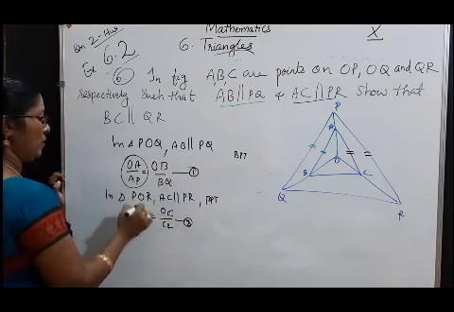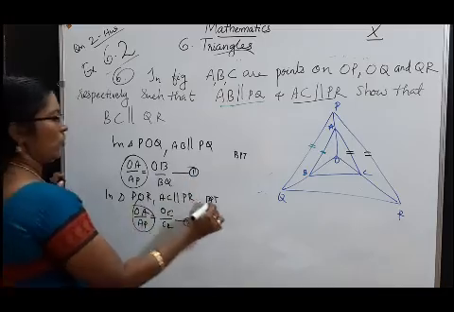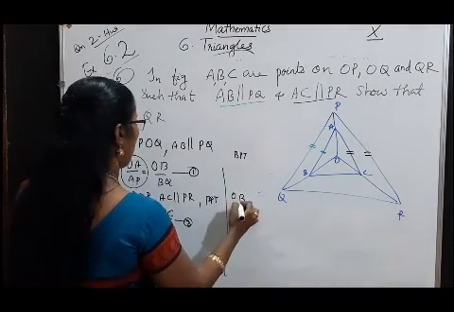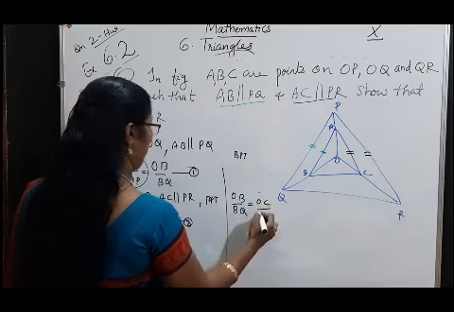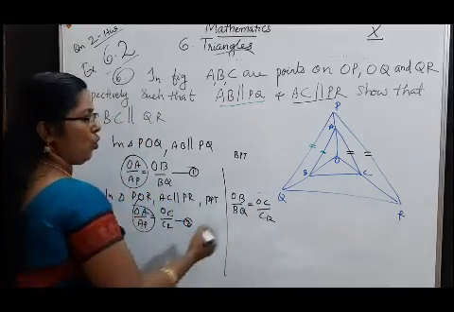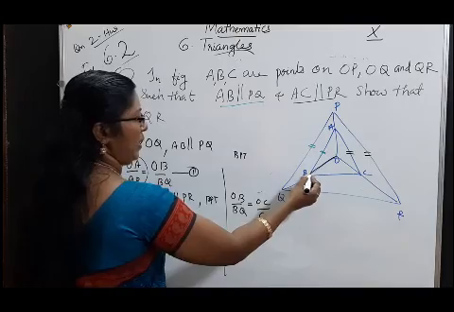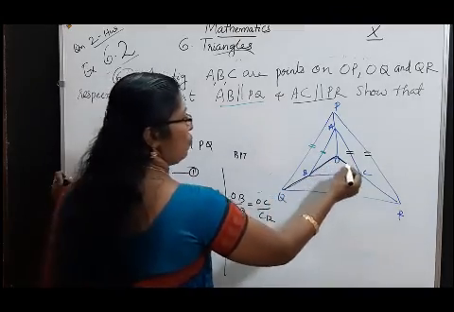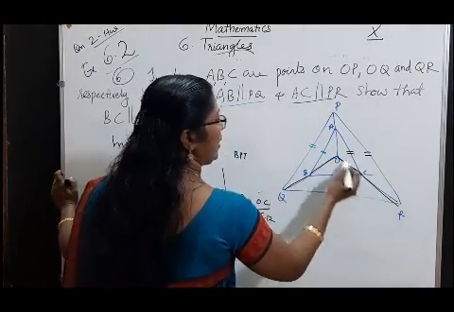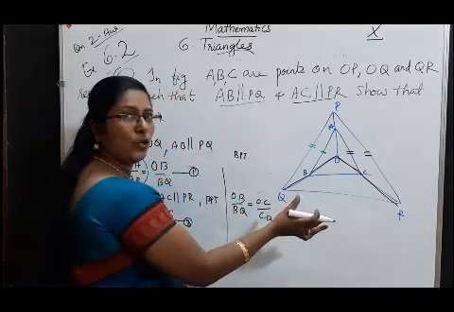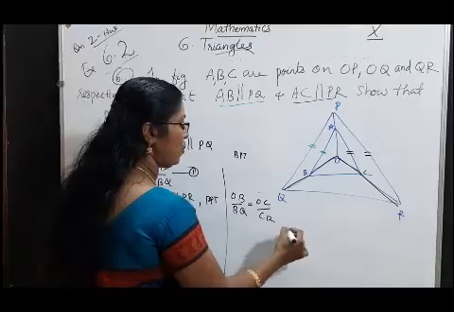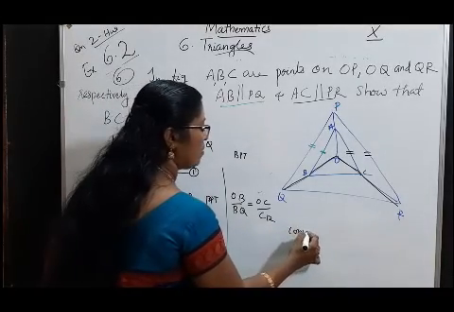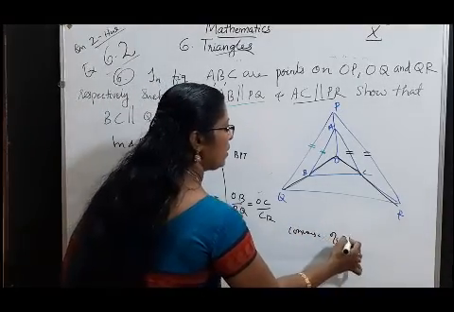From 1 and 2, OA by AP is common, so we can write OB by BQ equals OC by CR. If they are in the same ratio, then the third side and the line are parallel, by the converse of BPT.